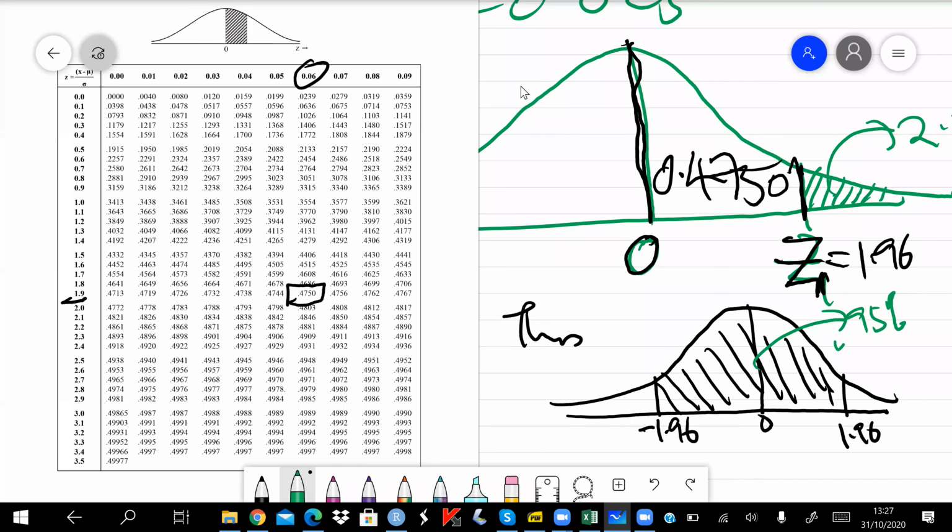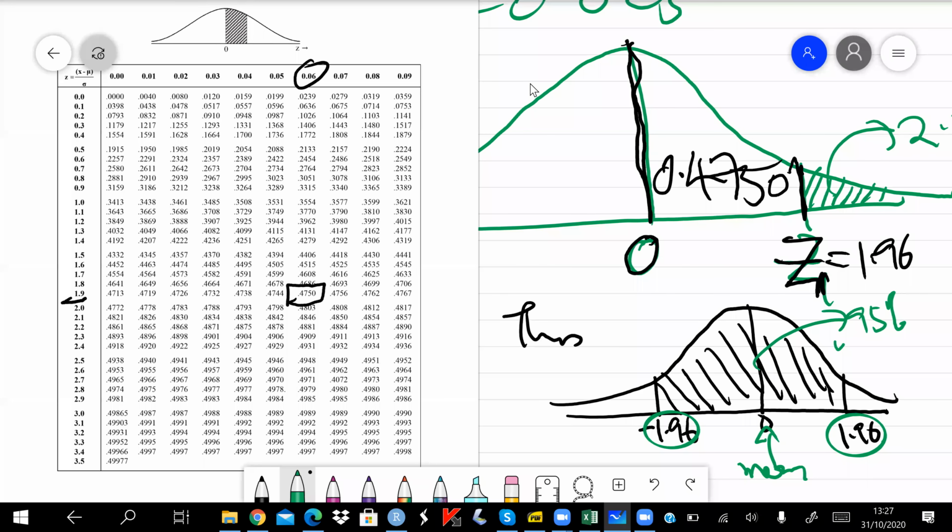So when we say that about 95% lies within 2 standard deviations, this is the number we're referring to. This is the number that we are rounding off to 2. We are saying it is around 2.0 standard deviations above and below the mean, where the mean is this point always, this being the standard normal distribution. So that's how you can compute the exact number of standard deviations for any given percentage.